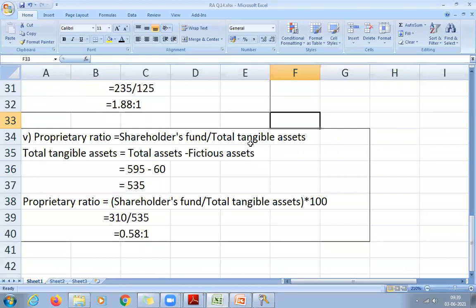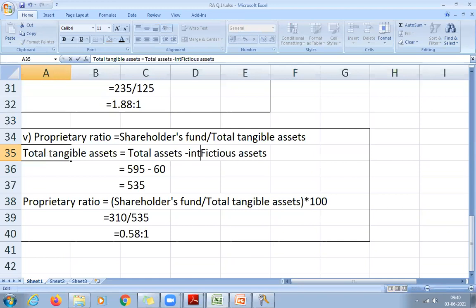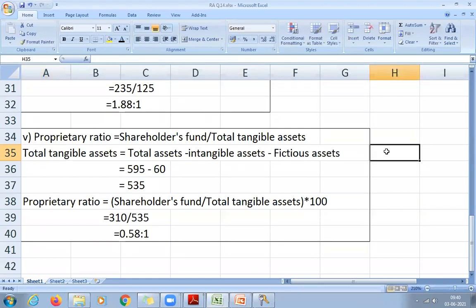We should not consider those. To get tangible assets, I have to subtract from total assets. Total assets minus intangible assets and fictitious assets. Anything given in the question, we have to deduct.